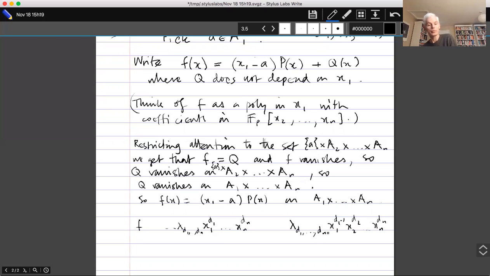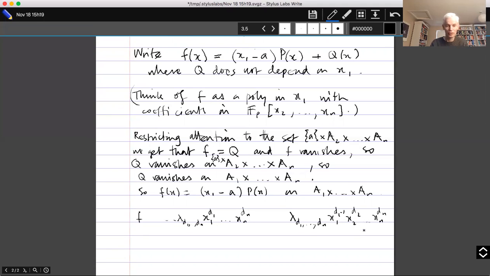Because f has degree d1 plus up to dn, the only way we can get a term like this, we can't get it from the a part, because that would require p to have a term in x1 to the d1 up to xn to the dn, but then when we multiply that by x1, we get a higher degree term. So p must have a non-zero term in x1 to the d1 minus 1, x2 to d2.